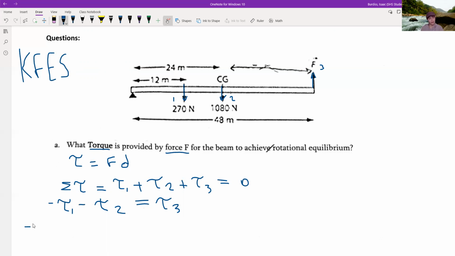The torque number 1, that's going to be its force, which is 270 newtons. But we might need to make it negative because clockwise is negative and counterclockwise is positive. And if you don't know what those mean, think about a clock.